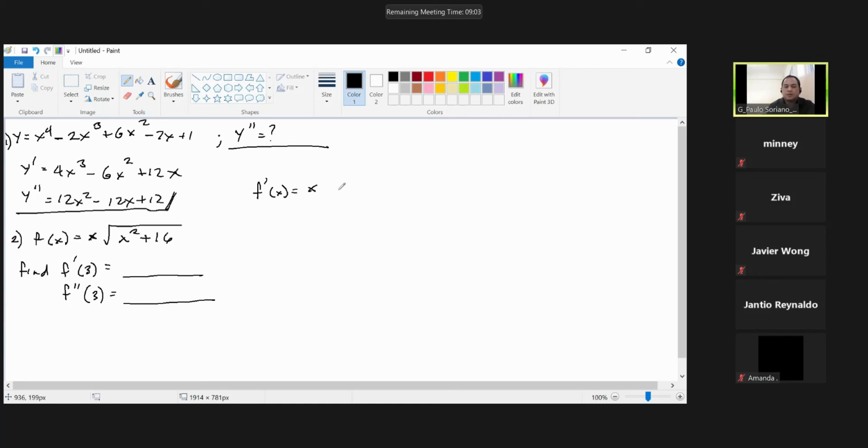The derivative of this will be? Let me just write it first in exponential form, the radical. F of x is now equal to x times (x squared plus 16) raised to 1/2.